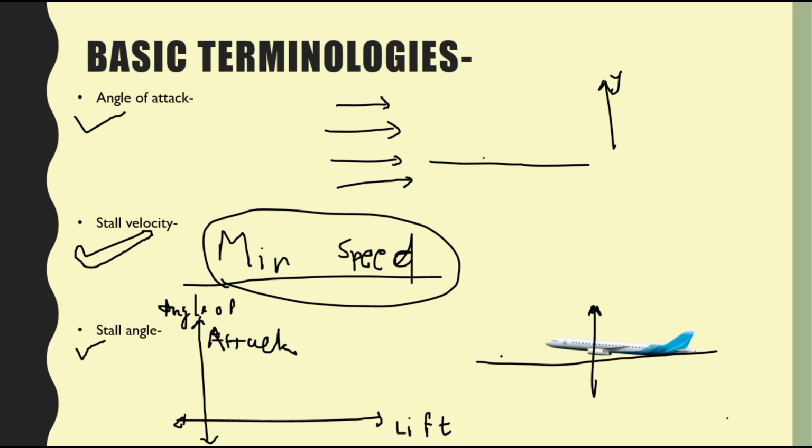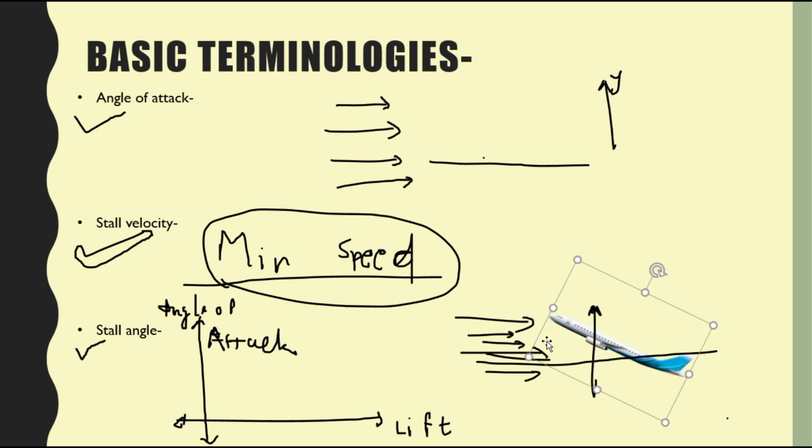But you can see the exposure of the area of the aircraft to the frontal wind, the wind coming from the front, is increased. So as soon as the angle of attack increases, the exposure of the aircraft to the wind increases, which leads to an increase in the drag force over the aircraft.